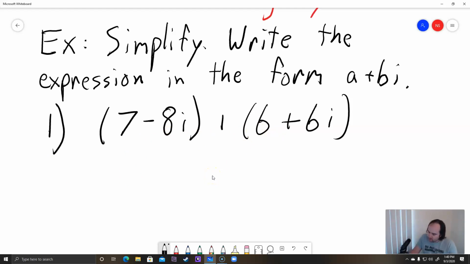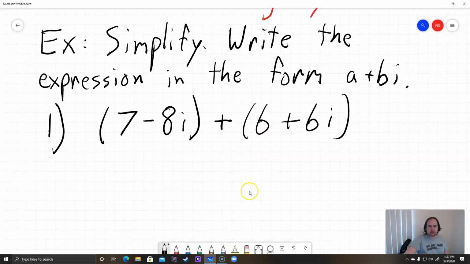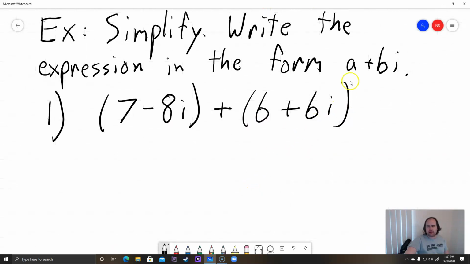And they actually just want you to add and subtract here by combining like terms. Okay, so we want to write our answer in the form a plus bi, so we're going to have to combine like terms.